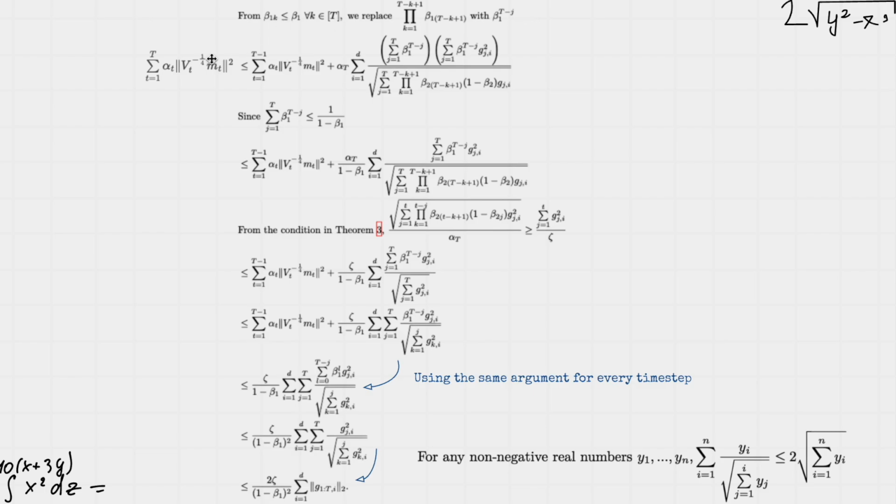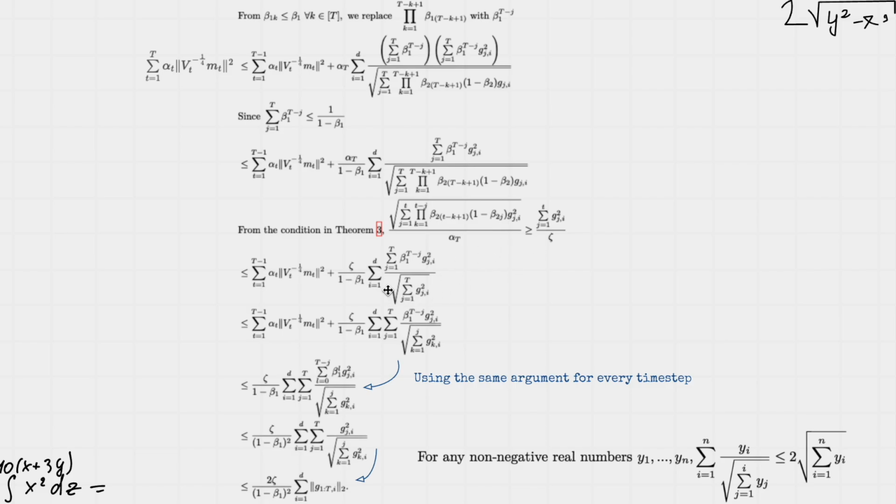And since the sum of a limited geometric sequence is always smaller than its infinite sum, we can replace the sum of the geometric sequence by 1 over beta 1 and move it outside of the summation since it is invariant. From the condition in the theorem that the square of its long summation divided by alpha t is greater than or equal to the summation of all the gradient squares divided by a constant, let us replace the denominator with the summation of the gradient squares divided by a constant zeta.